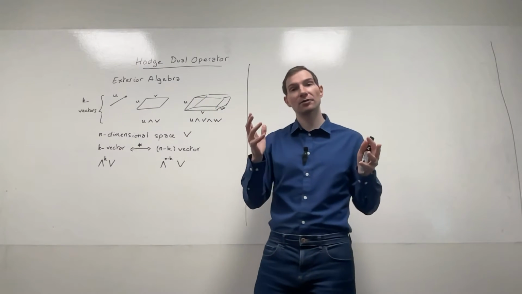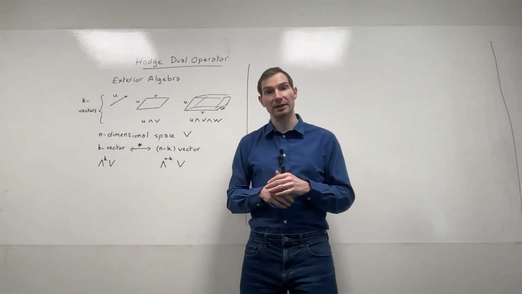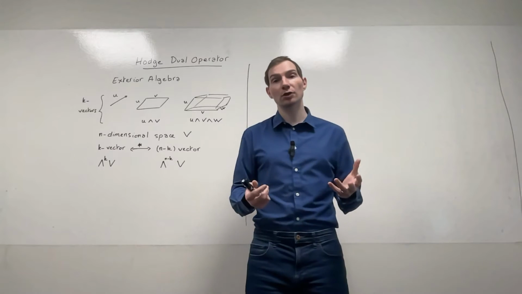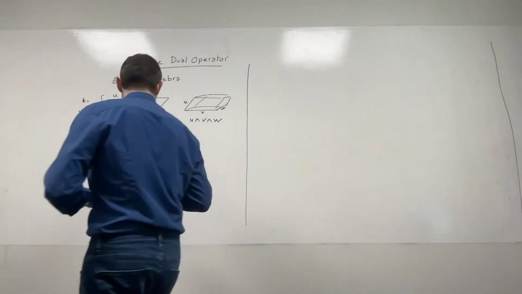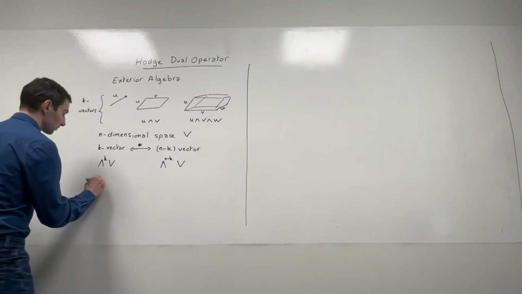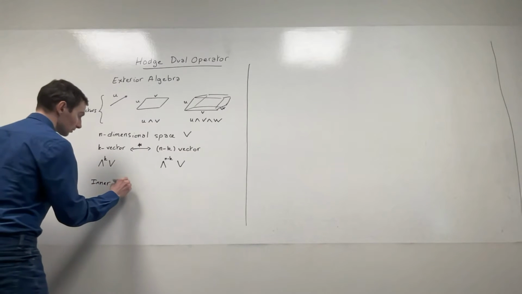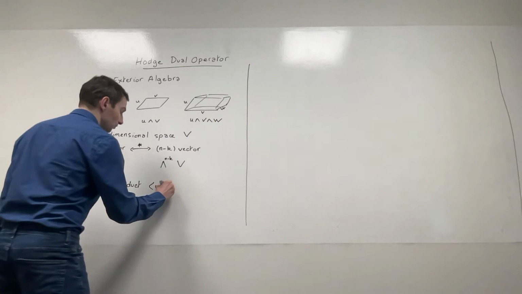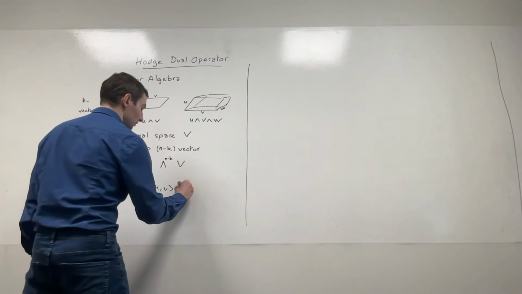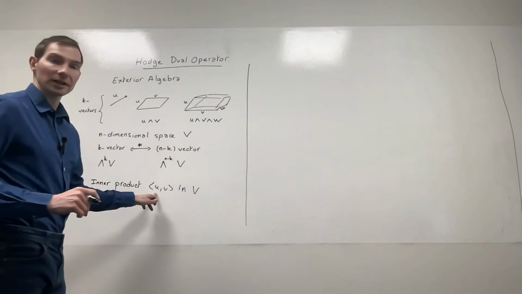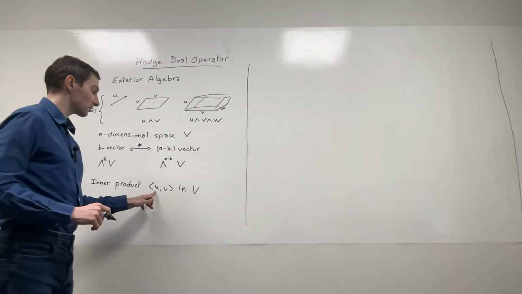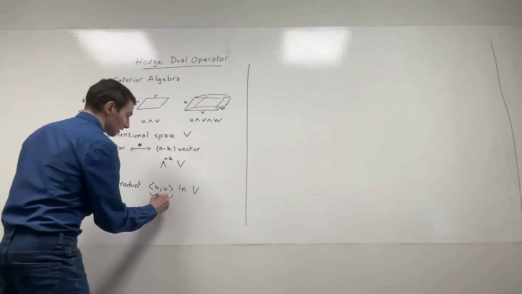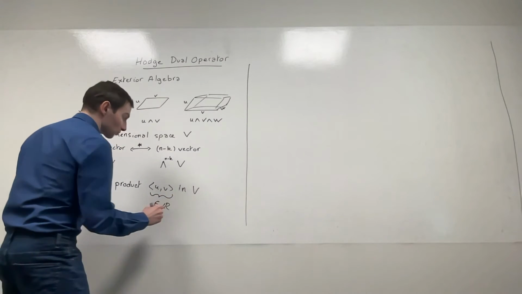Okay, so that's kind of the idea of the duality here. Now, this duality relies on the existence of an inner product in V. So you need to imagine that you have an inner product that you can denote, for example, like this: ⟨u, v⟩ in V. So you take essentially two elements of V, u and v here, and you take the inner product, and this inner product belongs to the reals, so it's a real number.